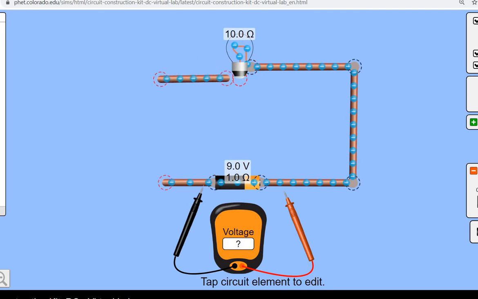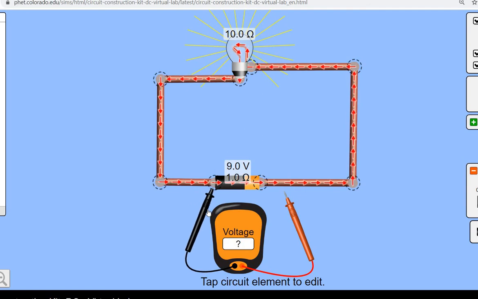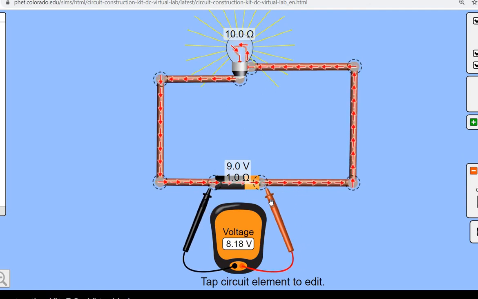Here you go, we are almost done connecting the last wire. As soon as we connect, the electric field will be established and the current will start flowing. So there you go, that's the electron and this is the current. And let's find out the voltage across this now.